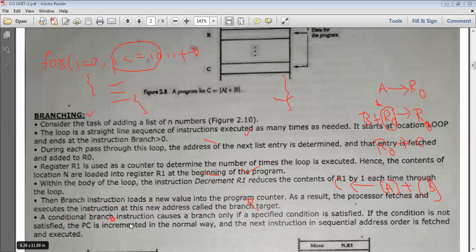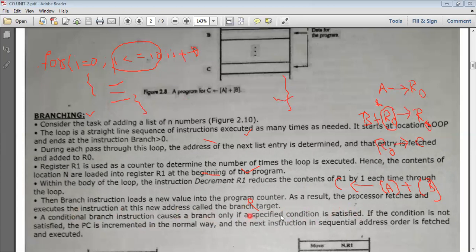A conditional branch instruction causes a branch only if a specified condition is satisfied. Like the for loop, where the loop of instructions is executed until the condition is satisfied.